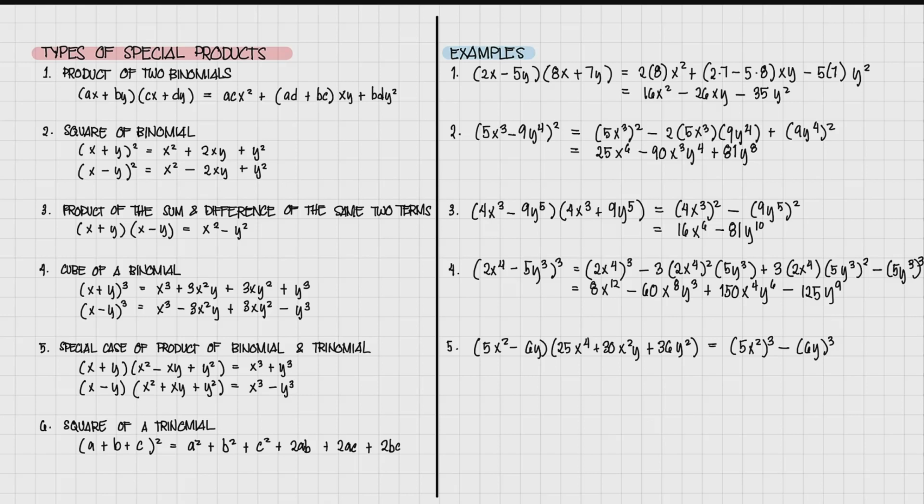So simplifying this, you get 5 cubed is 125 x raised to 2 times 3, 6, minus 6 cubed, which is 216 times y raised to 3. And that's the final answer for number 5.